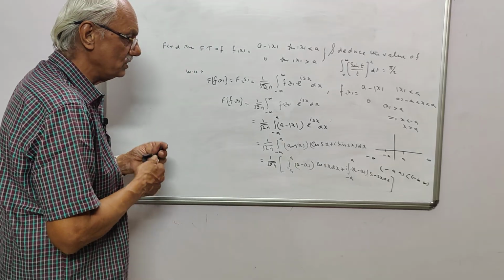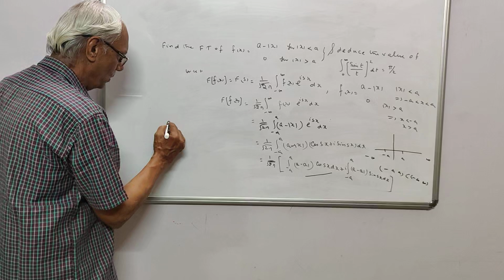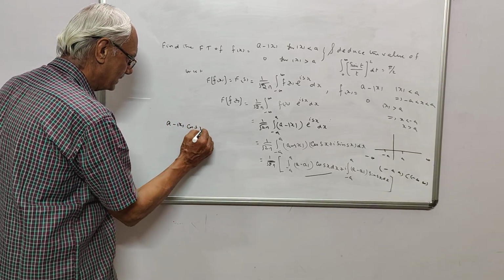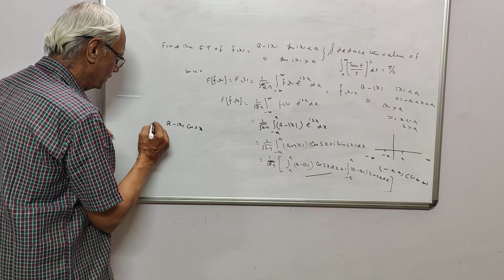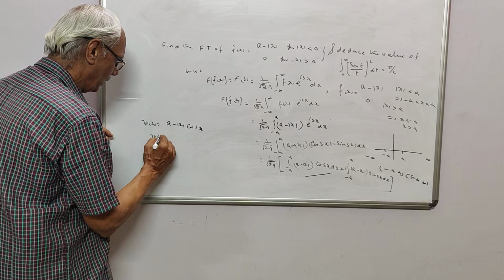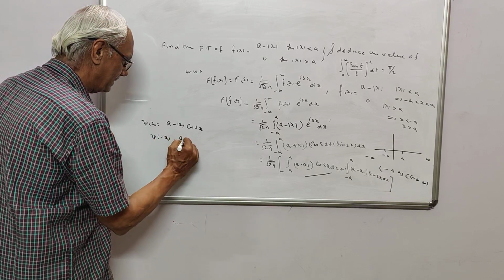And see, for example, you take only this. So what is this equal to? E to the power of minus mod x into cos sx. Now you call this some psi of x. So what is your psi of minus x? Wherever x comes, you put it as minus x.